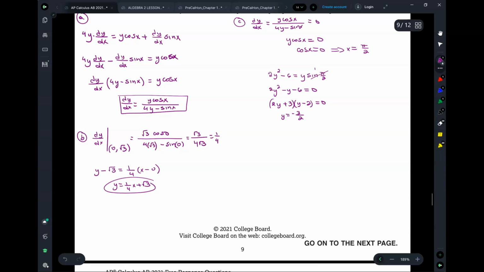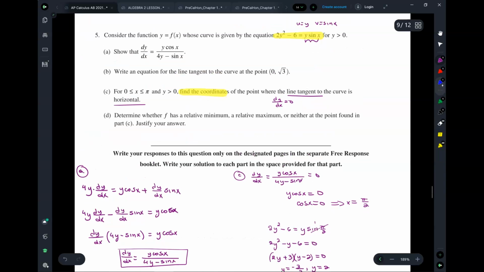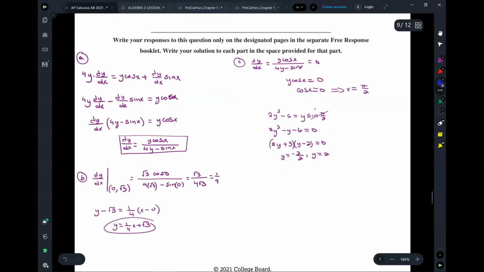Y is negative 3 over 2 and 2. But y had to be positive, remember? It said so here. Okay? So I just take this one. So pi over 2 comma 2. Okay, so that's the answer there.